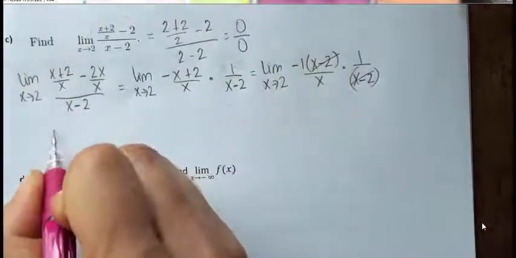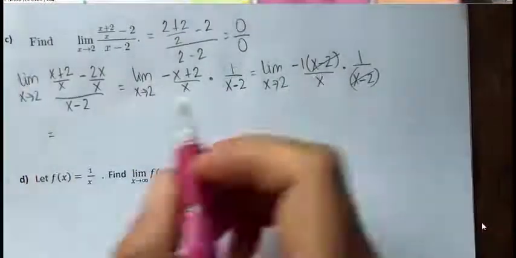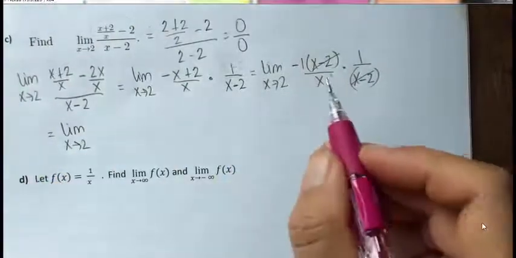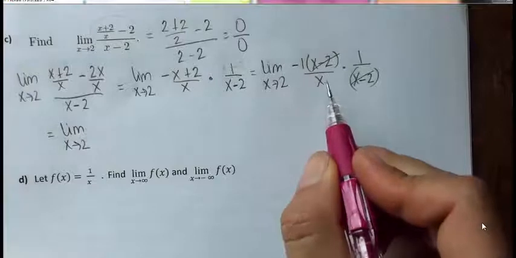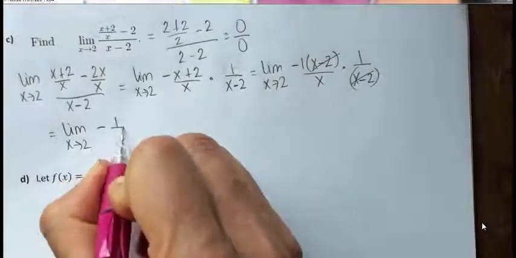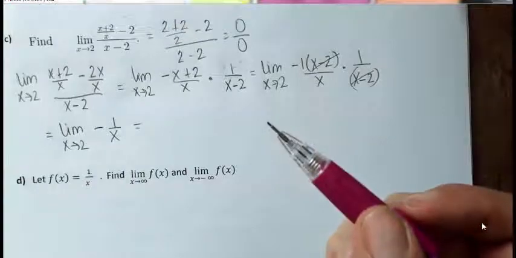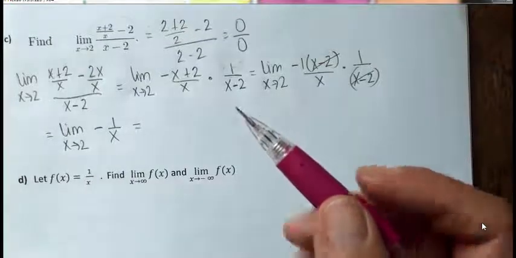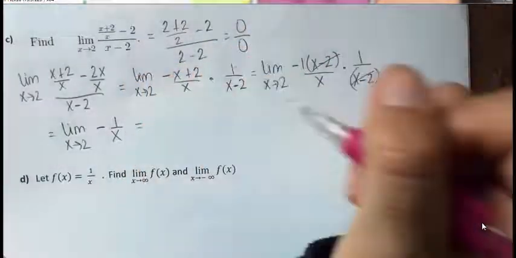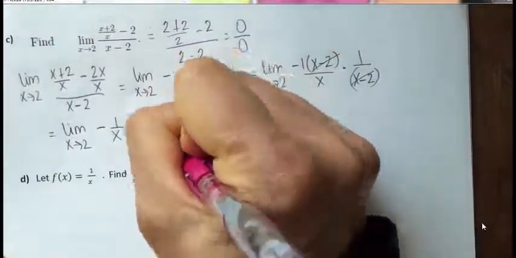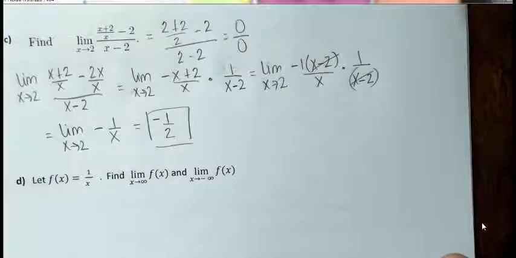So that's the limit as x approaches 2 of negative 1 over x. Now I can evaluate this because I've got it nice and simplified. If I plug 2 in, I'm going to get a negative 1/2. So, using all the algebra we've ever learned about.